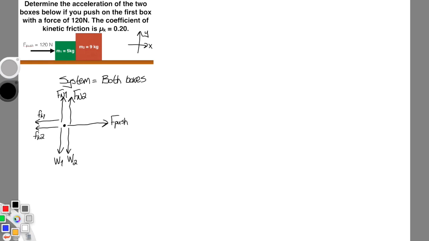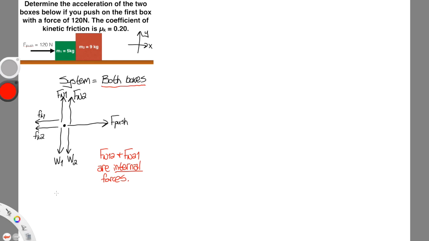So you might be wondering, what about Fn12 and Fn21? There's a couple of ways to think about this. One is that Fn12 and Fn21 are what are called internal forces, which means those forces come from two pieces of our system pushing on each other. So since both boxes are our system, any force of one box pushing on another is not included in our free body diagram.